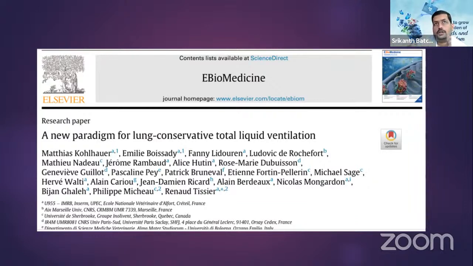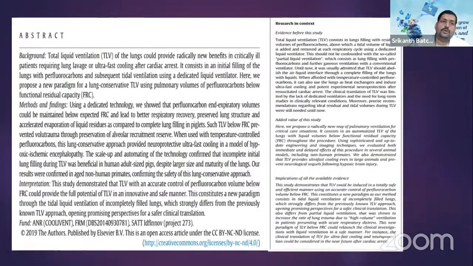They looked at why PLV or TLV is failing and why we are not able to continue, and they came to a consensus. If we keep the total liquid, that is perfluorocarbon, transfused to below the functional residual capacity, which is generally around 30 ml per kg for most of us, they saw better results even with total liquid ventilation and for a prolonged period.